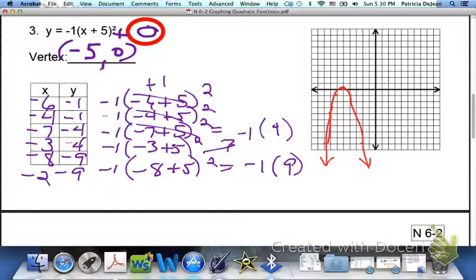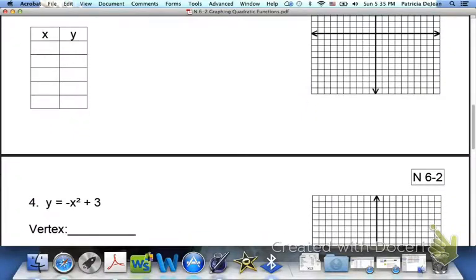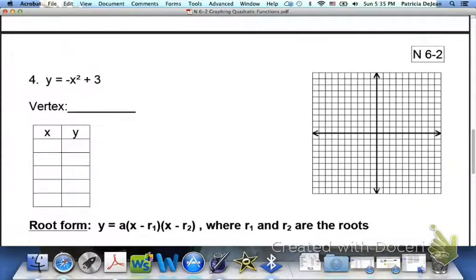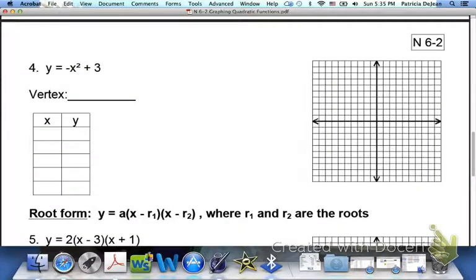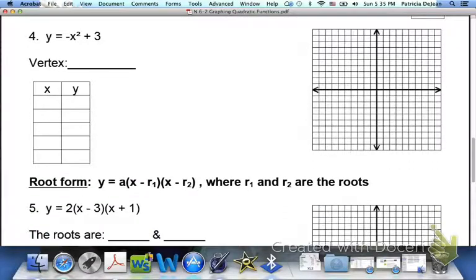Now let's move on and move up. Okay. And go to another vertex form. And then we'll start root form. So let's make this a little bit bigger.